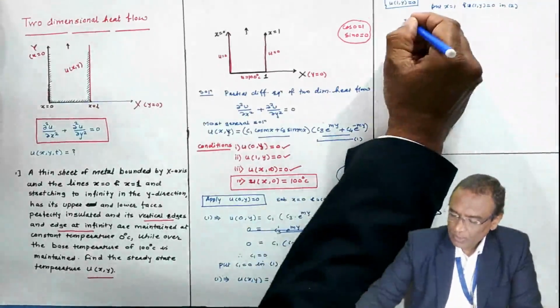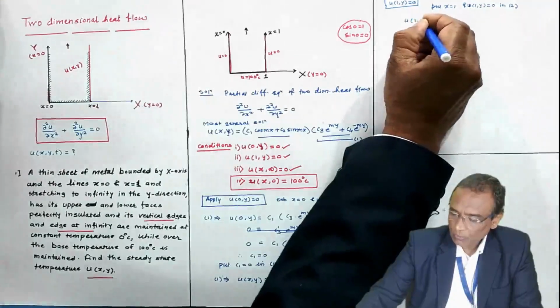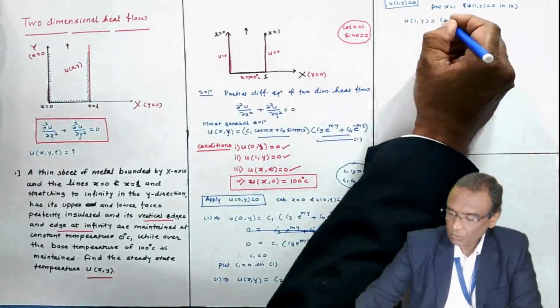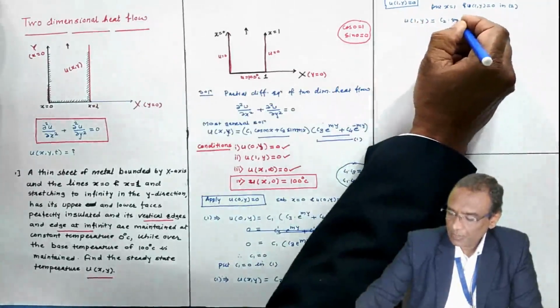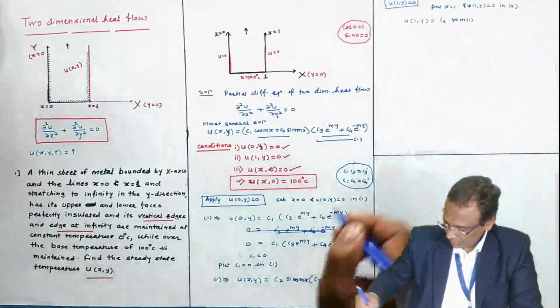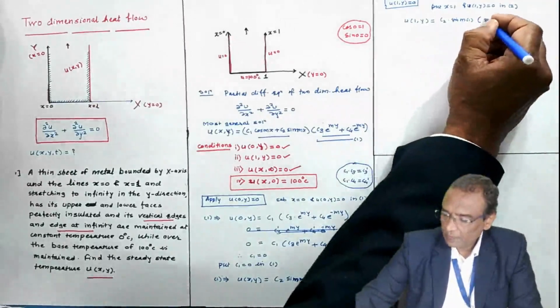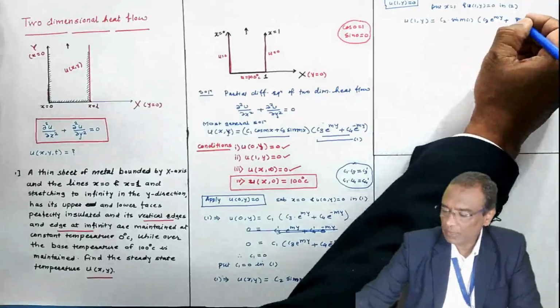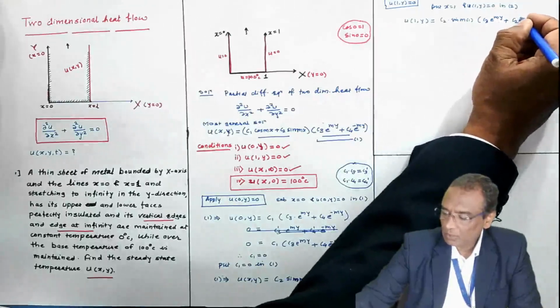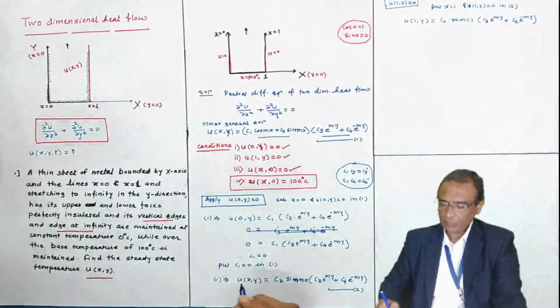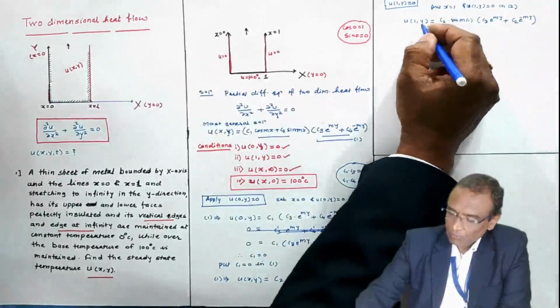If you substitute here u of 1y, put x equal to 1. I am putting x equal to 1. C2 sin m into 1 means sin m, C3 e to the power my. This bracket will be as it is because we are dealing with x now. The bracket of the y will not play the role. Now, u of 1y is 0.